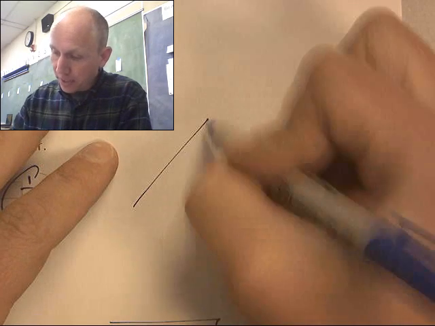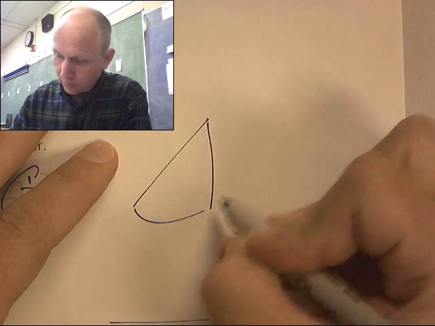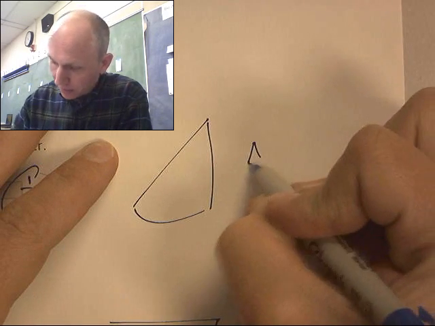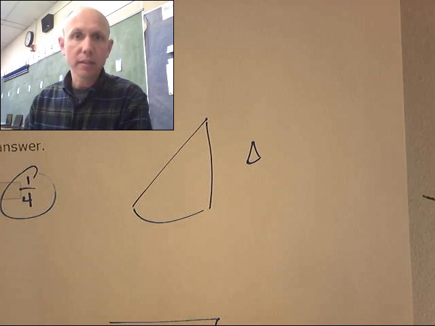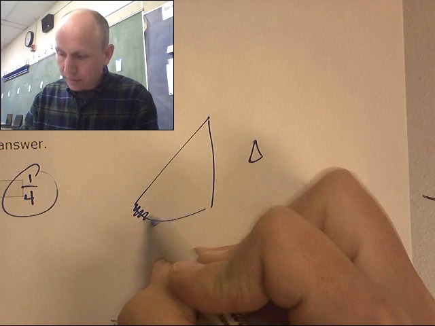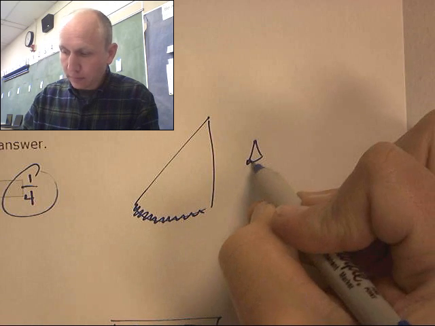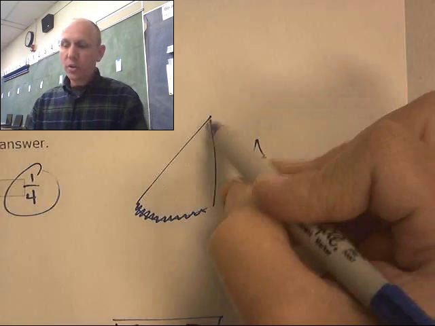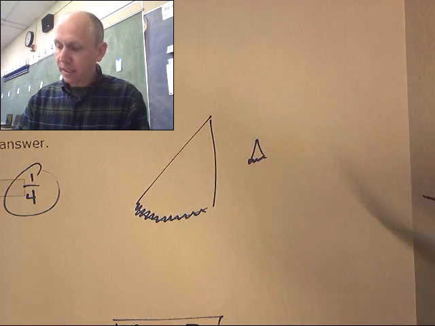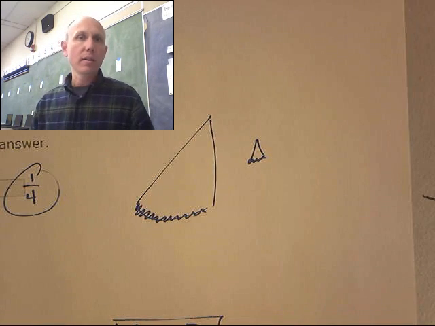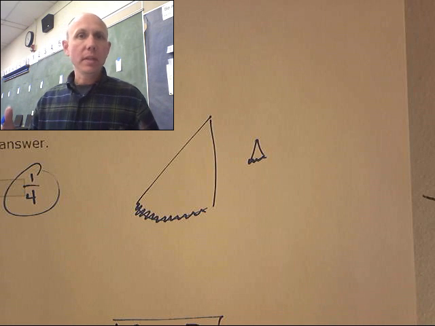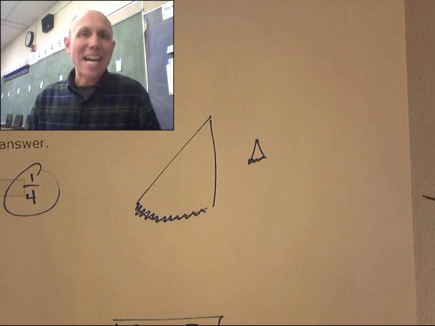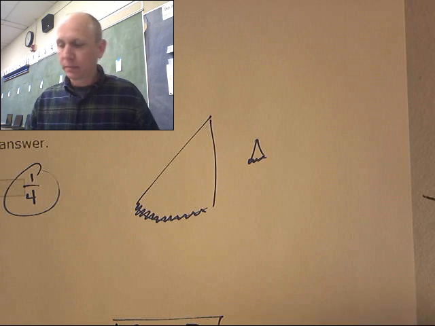But if your slice is this big, right, and my slice is that big, can we argue like that? No, we can't. What you need to do is basically, I need to make my slice bigger, or you need to make your slice smaller. We can only argue if we're using the same size slice.